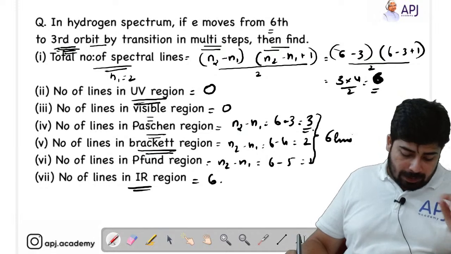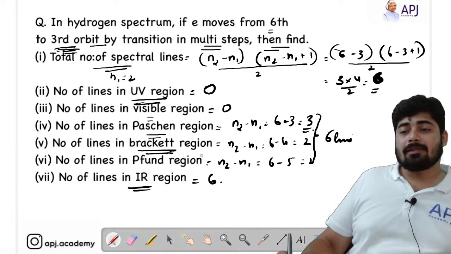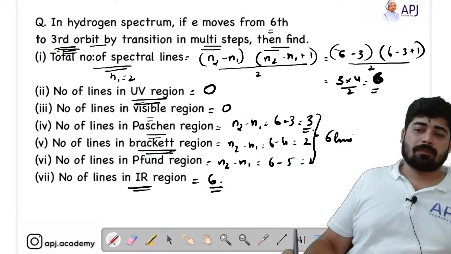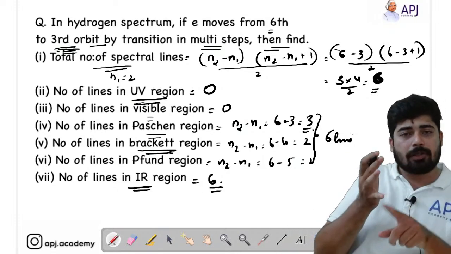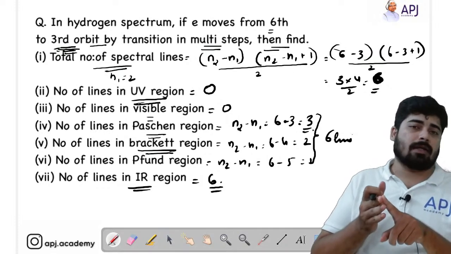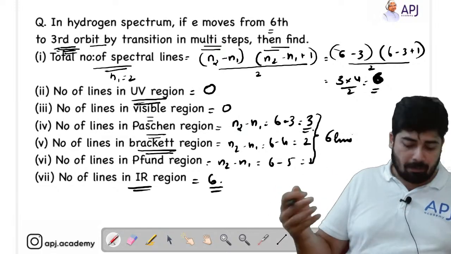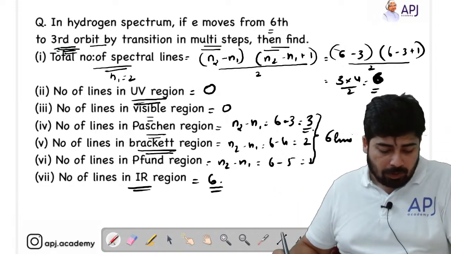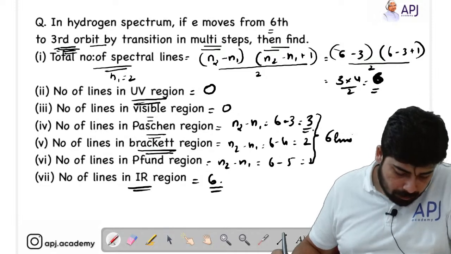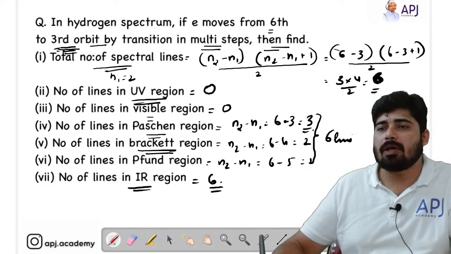So Paschen is IR, Brackett is IR, Pfund is IR. All these 3 are IR regions. So you can just sum up and find the answer. The answer is 6. Hope this is clear, students.